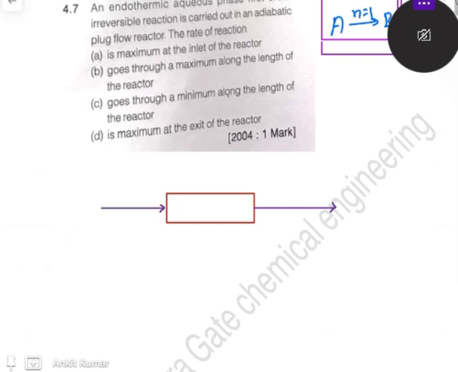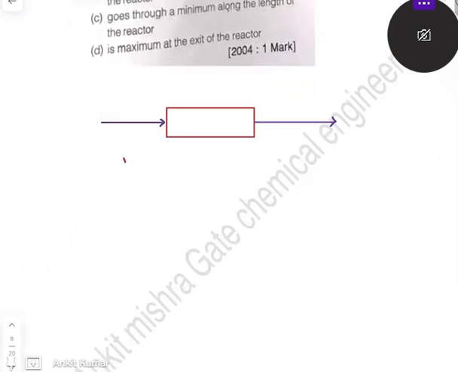And this is an adiabatic process. Since this is an endothermic reaction, it requires some amount of heat for moving forward. If A has to get converted into B, the reaction requires heat, but due to the adiabatic condition, you are not supposed to supply heat. So the rate of reaction will be maximum at the inlet.